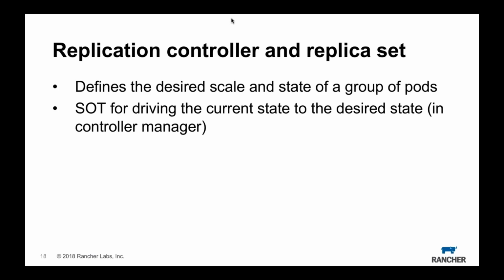You can write a replication controller and give it to the Kubernetes API, and then the Kubernetes controller manager takes this replica set and tries to drive the state in the actual cluster towards it. So it starts pods and makes sure that the pods are running at the set scale.